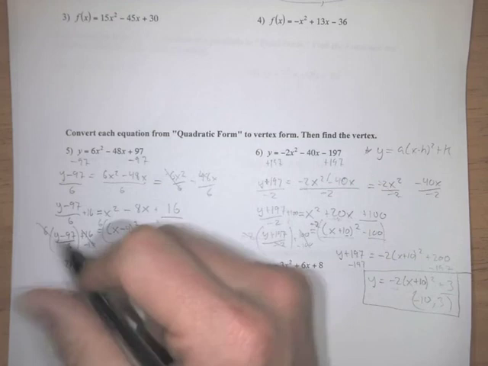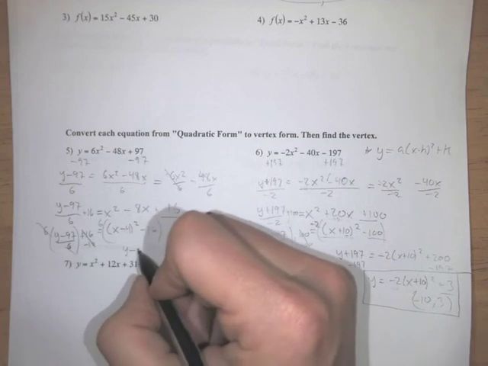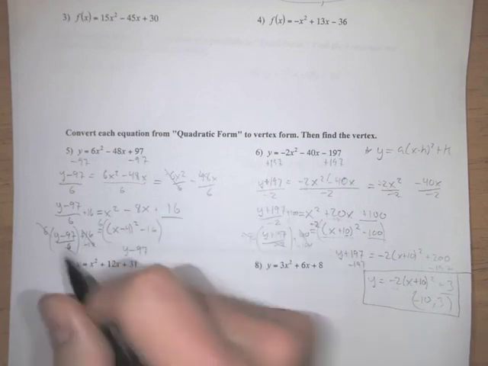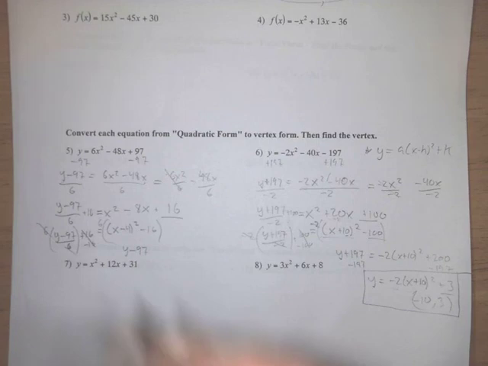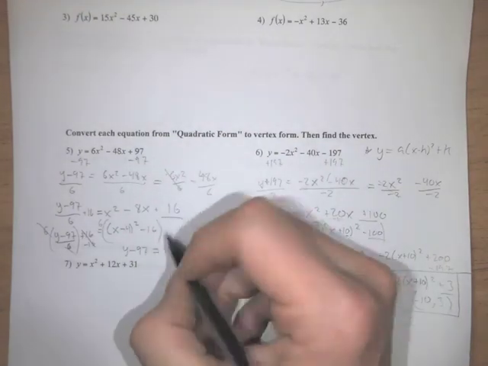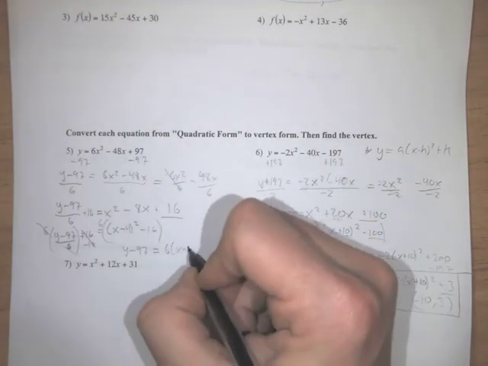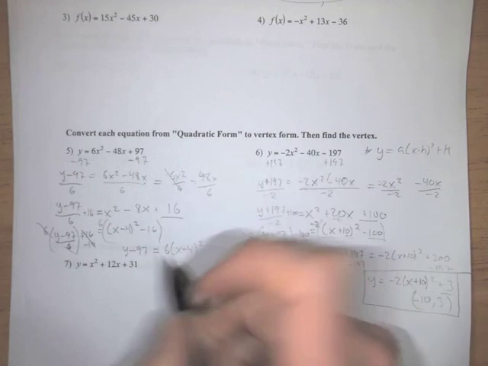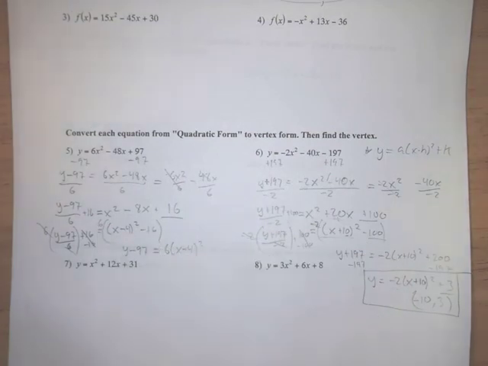So let's rewrite this. On the left-hand side, I have y minus 97, because the 16 canceled, the 6 canceled. Like I'm already done with those pieces. On the right-hand side, I have 6 times x minus 4 squared. And then I also have 6 times negative 16, which is going to give us a negative 96.